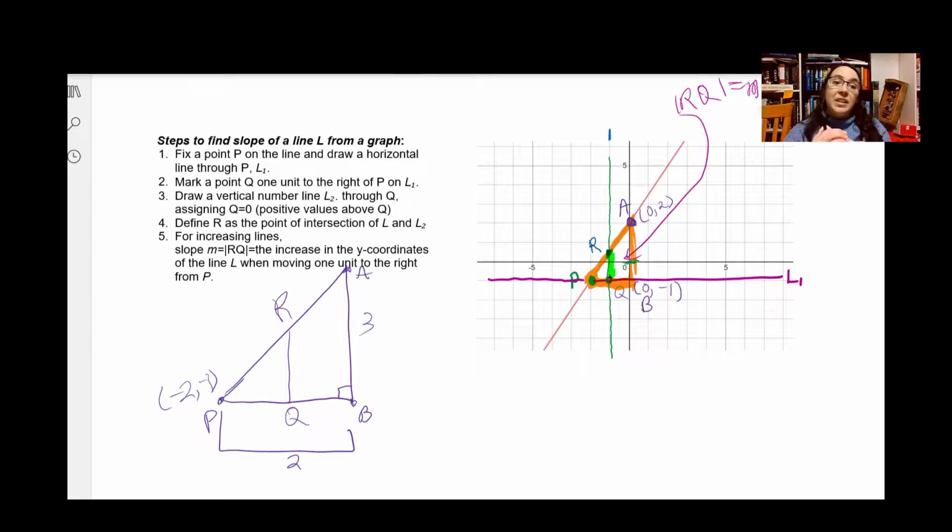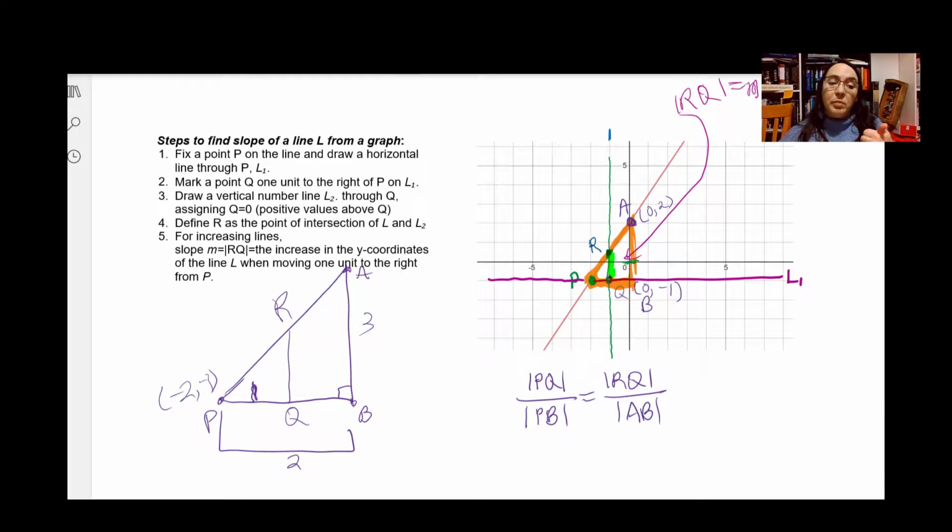Whereas I selected point Q and point R because they were 1 unit in the x direction away from P. So I get the following 2 ratios. Because they're both bases of similar triangles, I have that PQ's length divided by PB's length should be the same ratio as the length of RQ divided by the length of AB. Those are the heights of the 2 triangles.